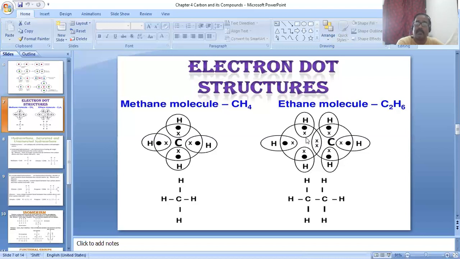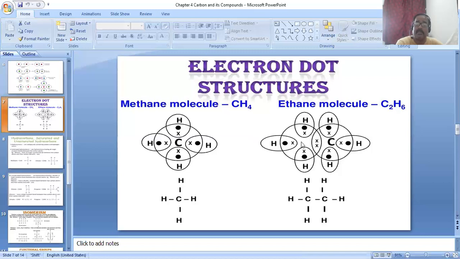So the hydrogens are stable: the first hydrogen has two electrons, the second hydrogen two electrons, third two, fourth two, fifth two, and the sixth hydrogen also two electrons.